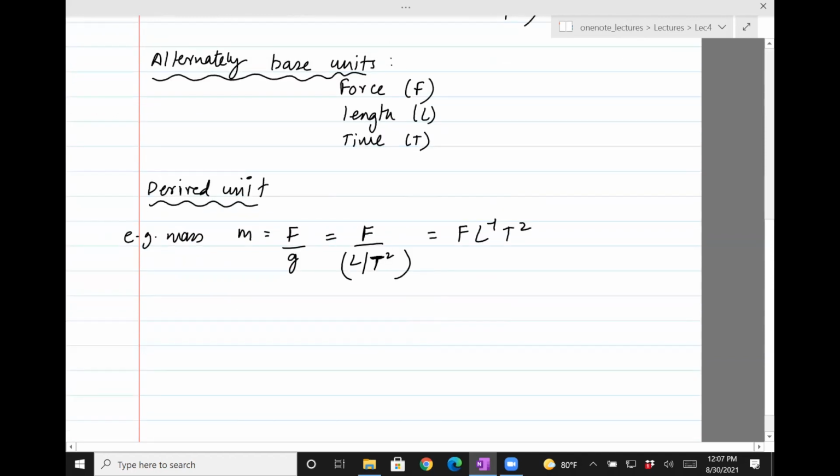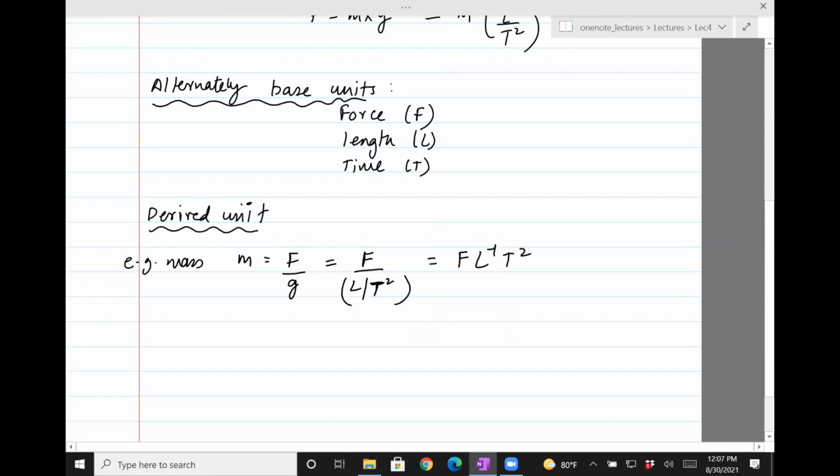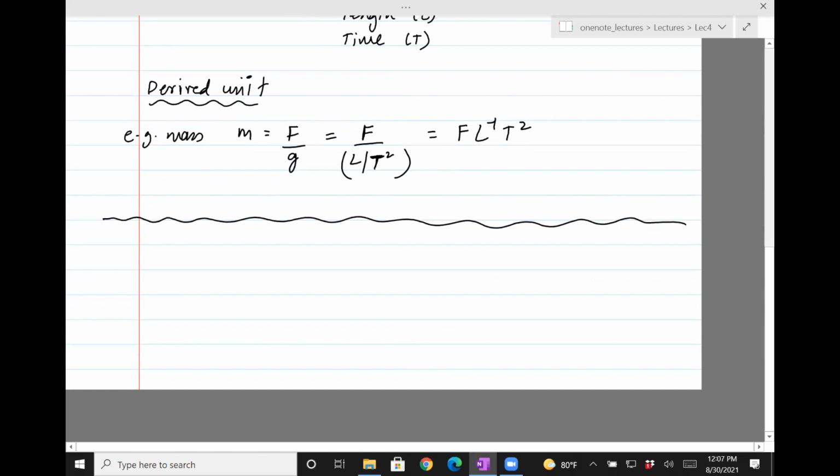Now, the way we like to measure things is to have an internationally accepted system of units, and everybody uses the same system. So when we talk about measurable quantities, we use that unit system, and that is a better way of talking about measurable things. There are three systems in use.